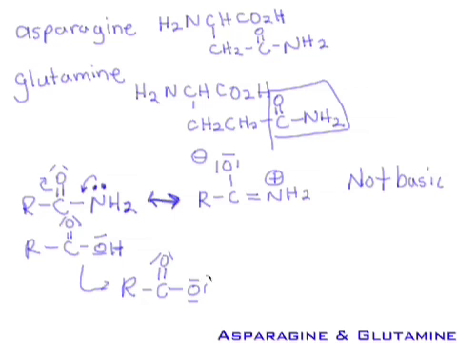First off, the negative charge is on an electronegative oxygen. And secondly, I can resonance stabilize this and put the negative charge on the other oxygen. So I can essentially do this. Okay. So carboxylic acid is acidic because it's both resonance stabilized and places negative charges on electronegative atoms.